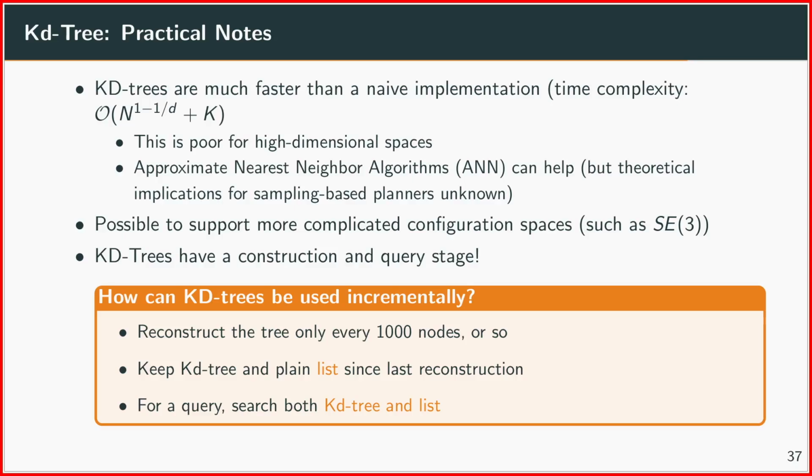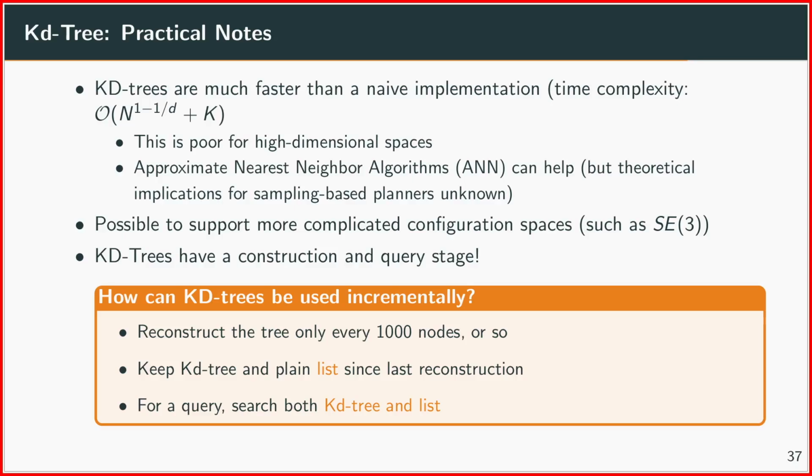One question which is left is, can you also use KD trees incrementally? The answer is yes, but you have to be a bit careful there. One way you can do that is to reconstruct the tree only every 1,000 nodes or so, because reconstructing the tree is pretty expensive, and usually you don't want to reconstruct it every time you add a new sample.